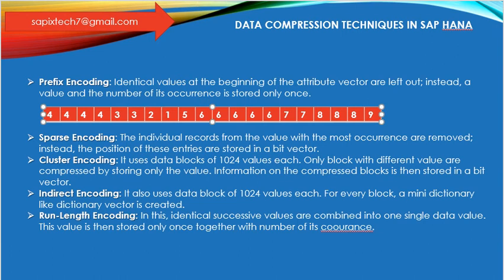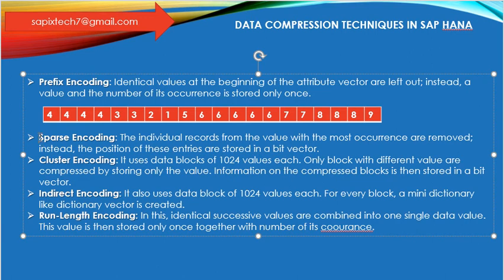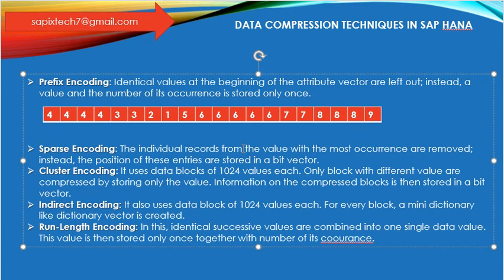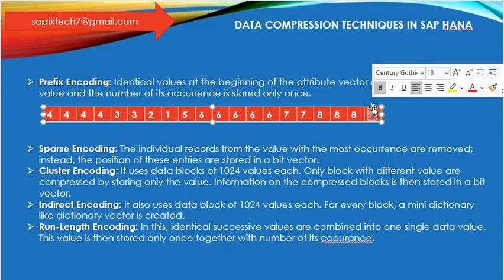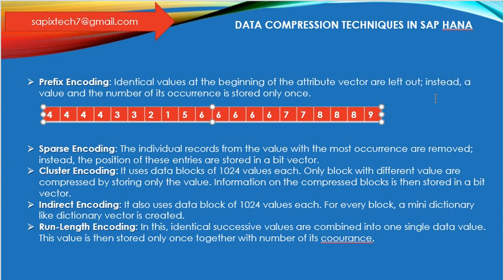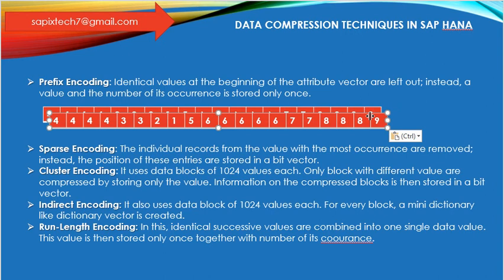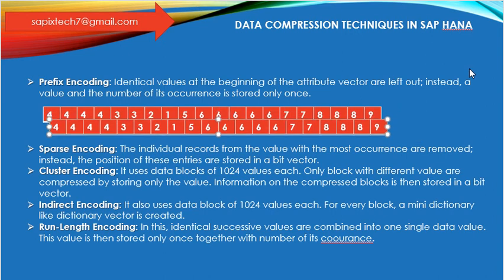Are you getting it, guys? After reading this, did you understand anything? So what will it store? Let me copy this. What will prefix encoding actually store? I've just copied it.